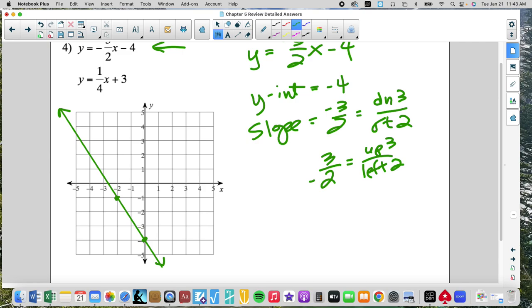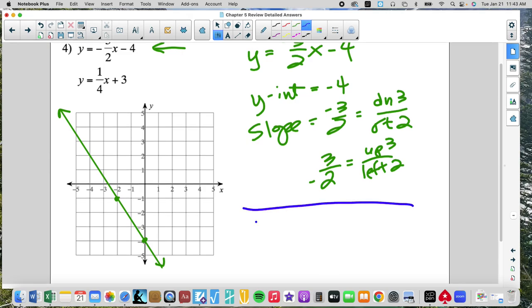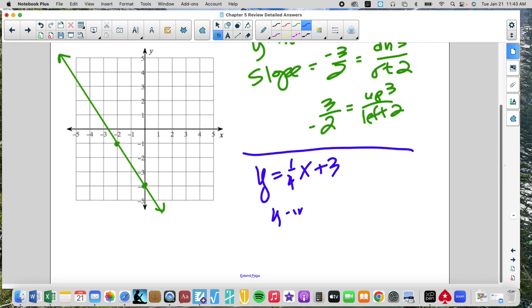And now my other equation is y equals 1/4 x plus 3. My y-intercept is 3. My slope is 1/4. 1/4 in slopes means up 1, right 4. Plot my y-intercept. Again, I can go up 1, right 4, 1, 2, 3, 4.